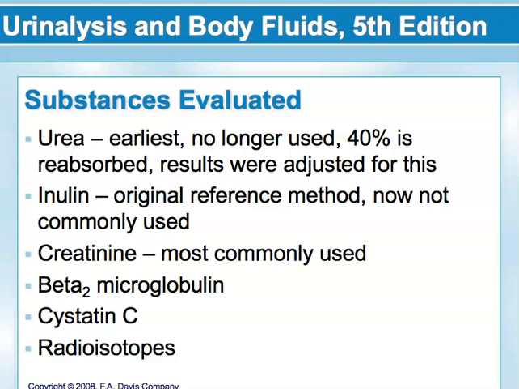Primary substances that are evaluated in clearance tests include creatinine, beta-2 microglobulin, cystatin C, and possibly radioisotopes. The only one that we're going to talk about is creatinine.